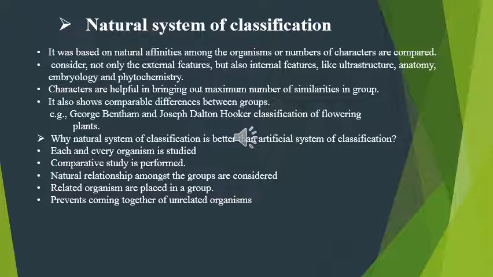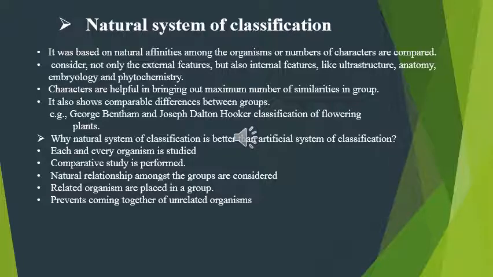The next system of classification is the natural system of classification. It is based on natural characteristics, or you can say the natural affinities among the organisms, or the number of characteristics that are easily compared. The natural system of classification considers not only the external features but the internal features also.